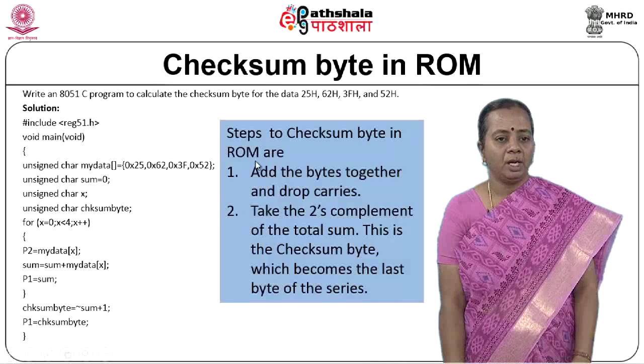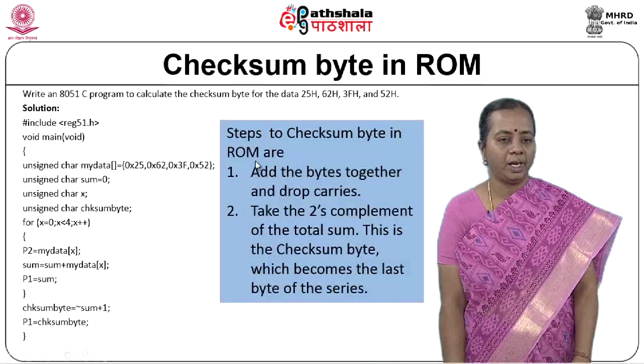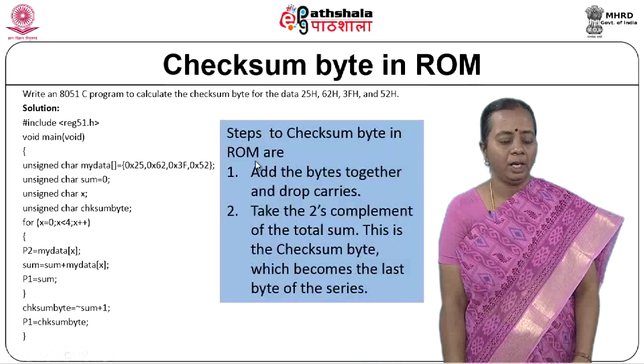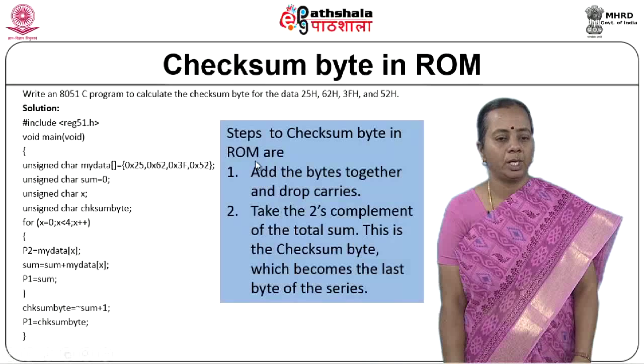In the same way, all 4 values of this mydata array are displayed at P2, and each and every time it is added to sum. Once the 4 values are added, the sum will have the added value of all of them. We never look at our carry, only at the summed value. Now I want to take the 2's complement of it.